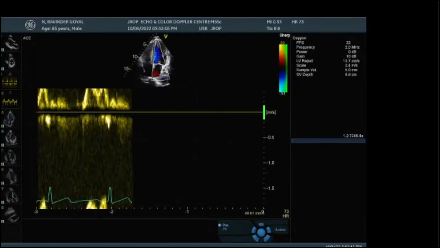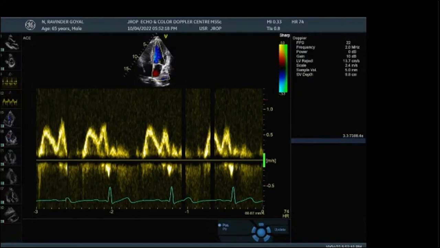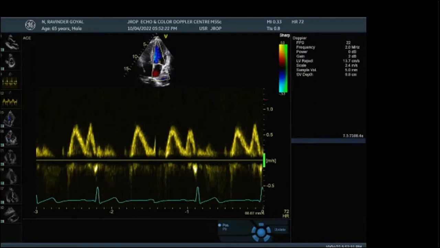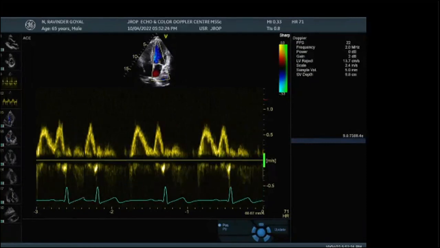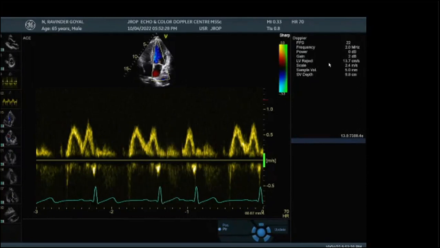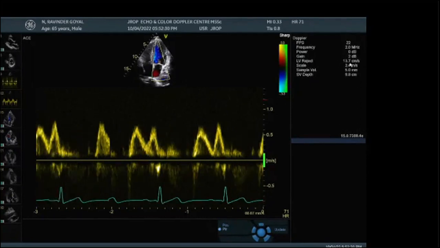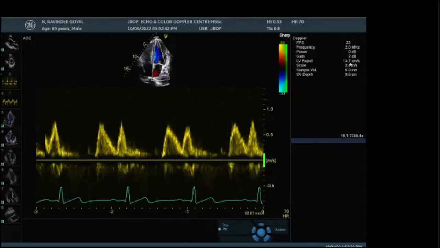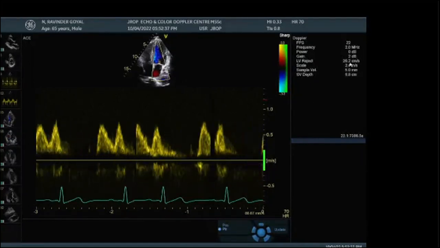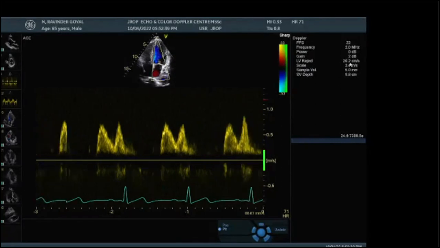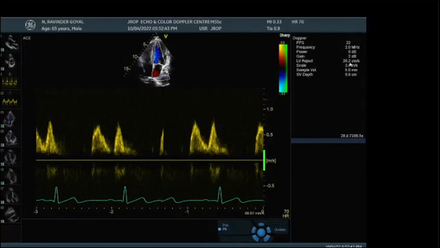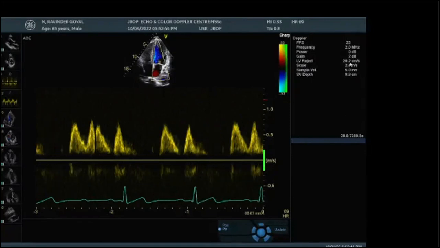Now look at the right side of the screen. This is LV reject, 13.7 centimeters, right? I'm going to increase this LV reject to 20 centimeters. Now look at the Doppler spectrum pattern. It has been cut off from the baseline, right?